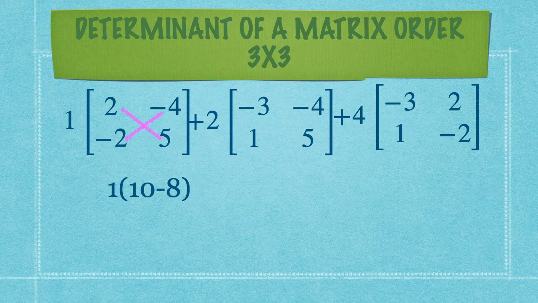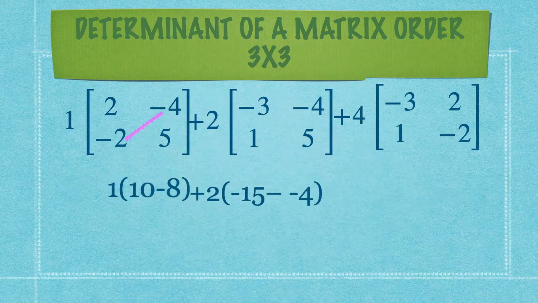Now we're going to move into the middle section. So we're going to rewrite the +2, and then we have to multiply the diagonals in the 2 by 2 matrix. So multiplying, we have 5 times -3. That gives us the -15 that you're seeing present.